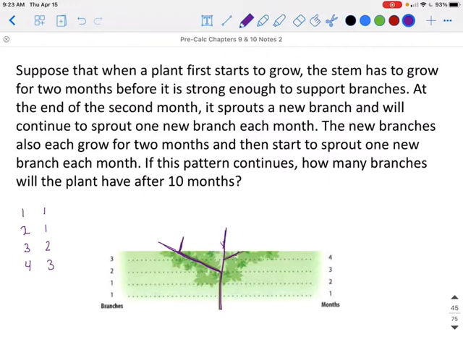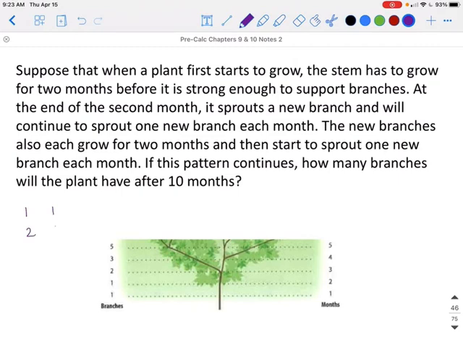Our main one can grow another branch, but this one's only been growing for a month, so it's not going to grow anything else. So the next month, we're only going to be adding 2 more branches. So 1 month we had 1, 2 we had 1, 3 we had 2, 4 we had 3 branches, and now at 5 months we have 5 branches.